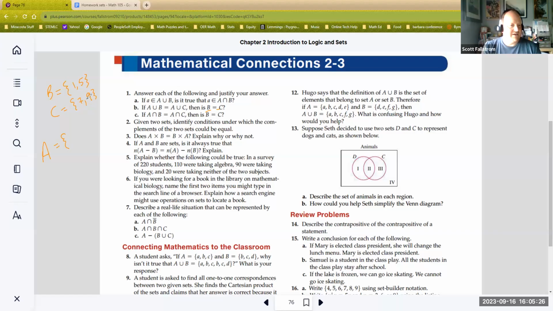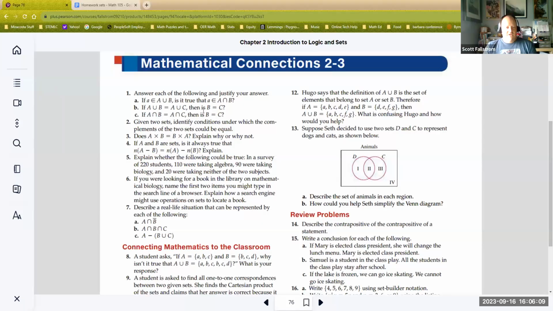Since a 7 and a 9 are not in C, they better be in A. And since 1 and 5 are not in C, they're in B, they better also be in A. So now if you take A union B, you're kind of almost duplicating these numbers, but they can't be duplicated in a set. They either exist or not. So A union B is A, and A union C is also A. However, B and C are not the same. Is this true? I would say false, and my justification would be right over here. All I need is a counter example.